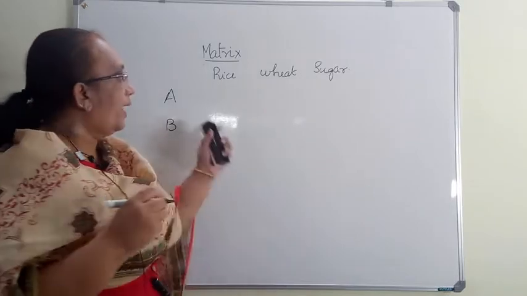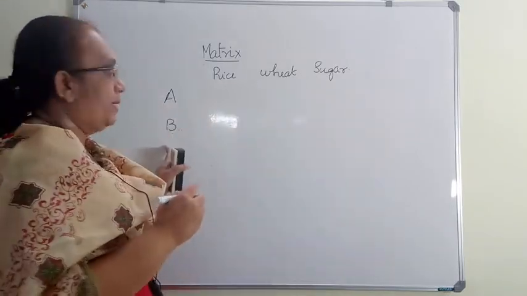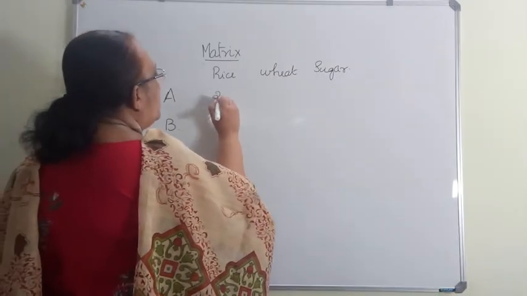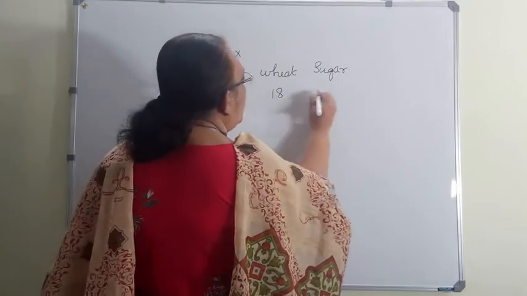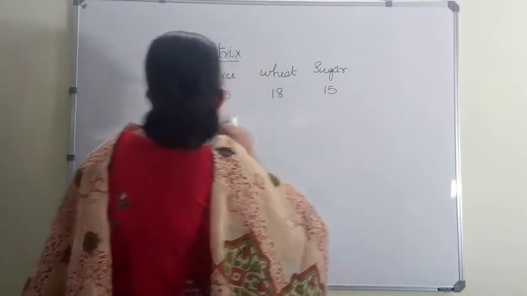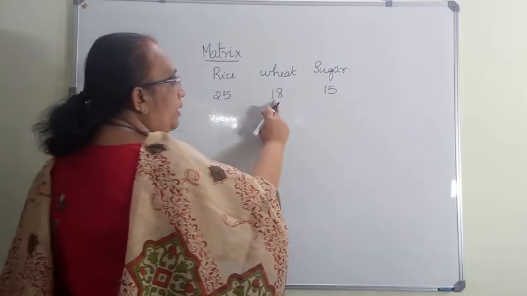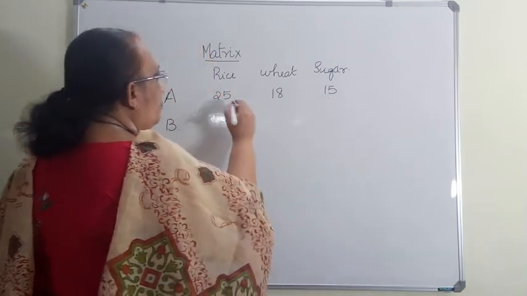Per kilogram, I am writing the rate of rice, wheat, and sugar in these two shops. For shop A, rice per kilogram is 25, wheat per kilogram is 18, and sugar per kilogram is 15 rupees.